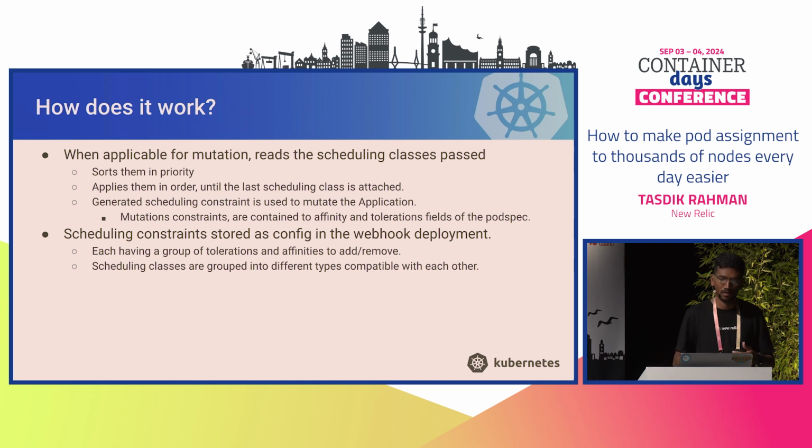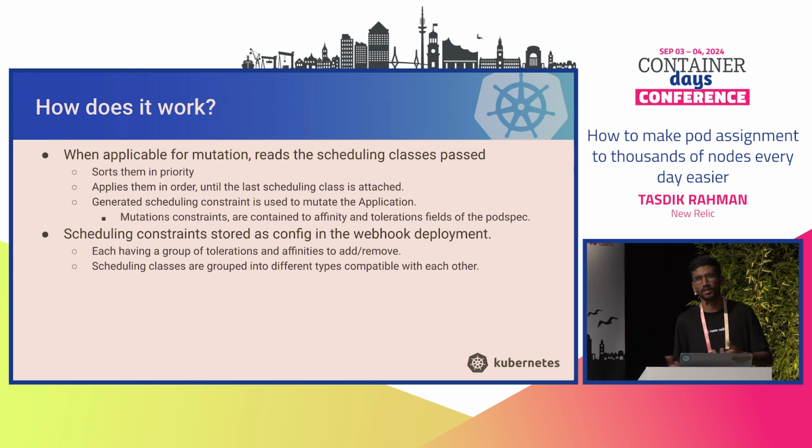As of now, we are only constraining this to the affinity and tolerations fields of the pod spec. All of this configuration, which you will be injecting over to the application, is stored as a simple config inside the webhook deployment. Each scheduling class has a group of tolerations and affinities which it adds and removes. So you can imagine multiple rules which are present inside.